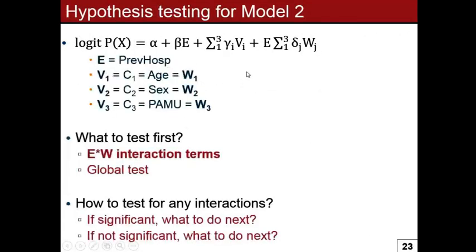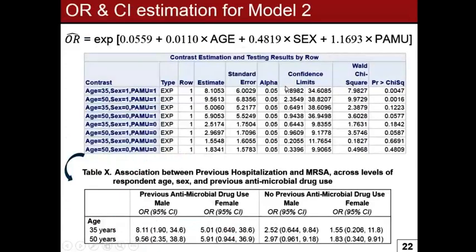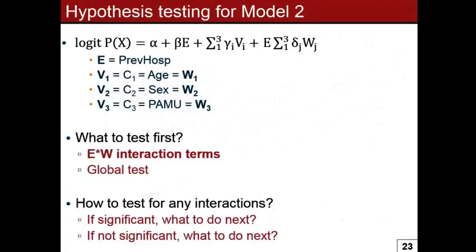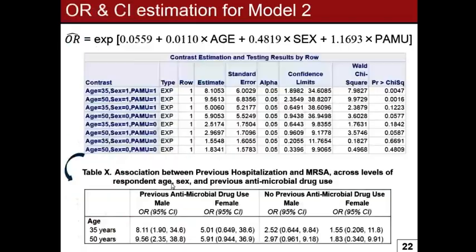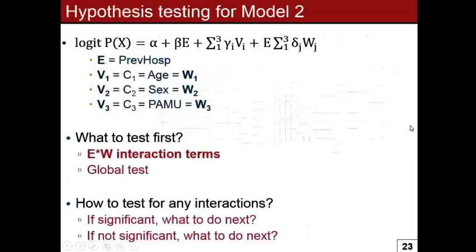Okay, so this is our model 2 still. We talked here about how to specify the odds ratios and the confidence intervals associated with them. But we may actually want to do actual hypothesis testing for the purpose of maybe dropping terms from the model, rather than just reporting on the significance of these individual odds ratios.